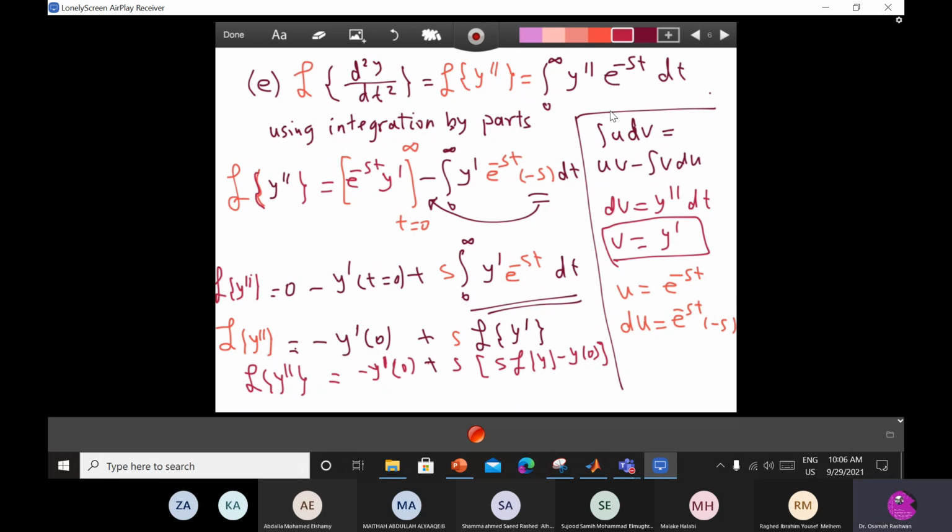Now I can arrange this one. Yes, so I can write this one as, because S times S is S squared.